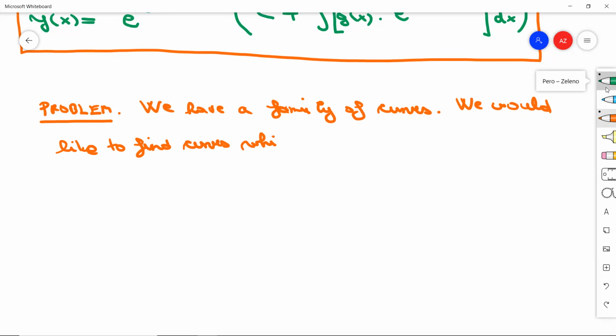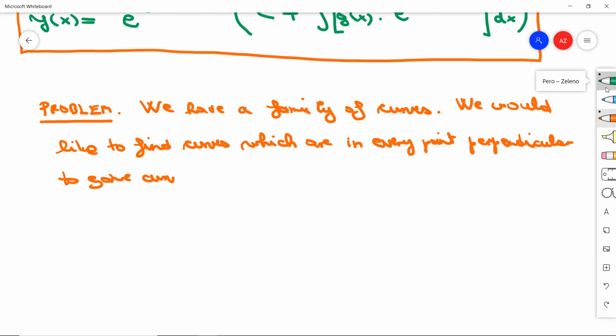So we would like to find curves which are in every point perpendicular to some curve in the initial family.